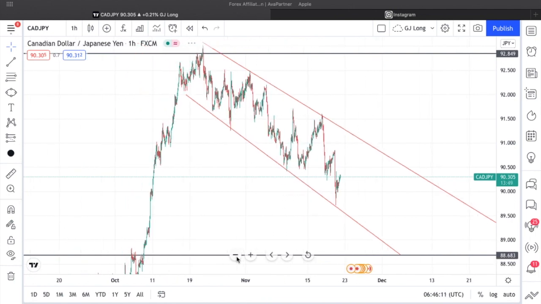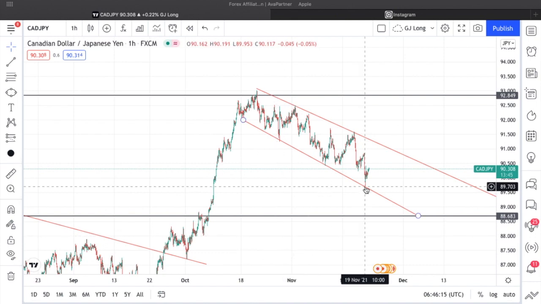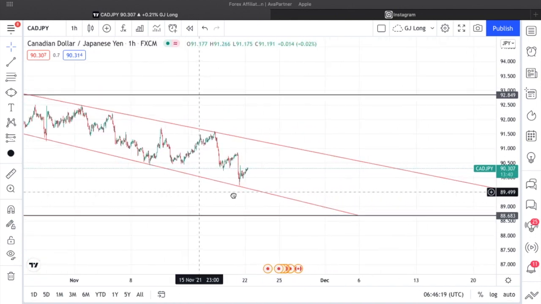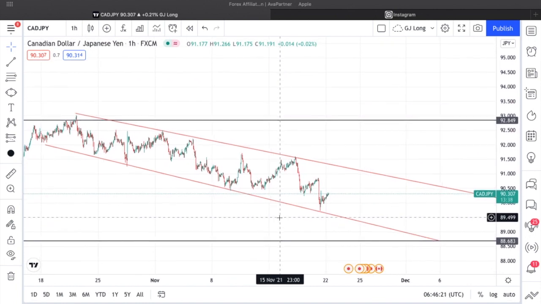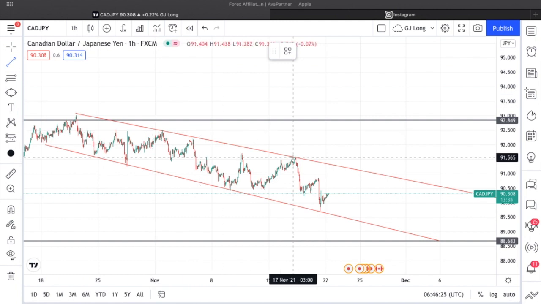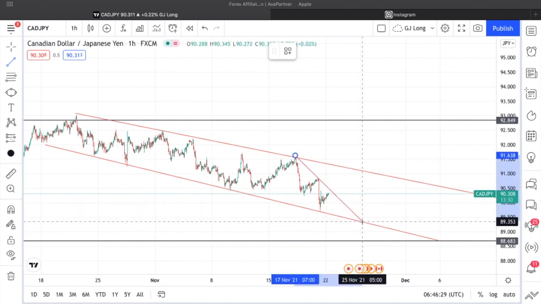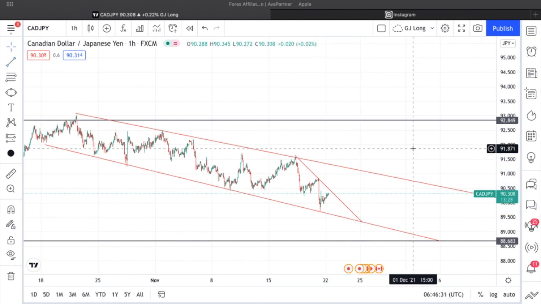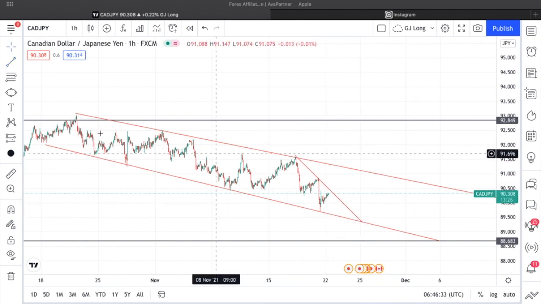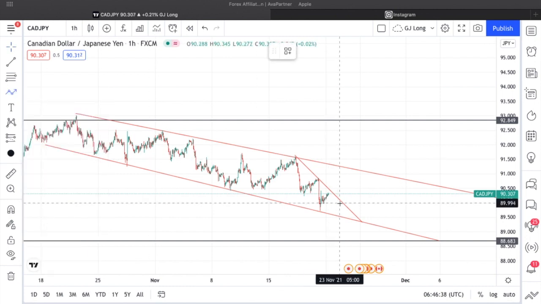So what I anticipate is going to happen is that it needs to break out of this flag, the current flag pattern that it's been following. So you're going to put a line opposite the direction of the trend, then anticipate for it to be broken.